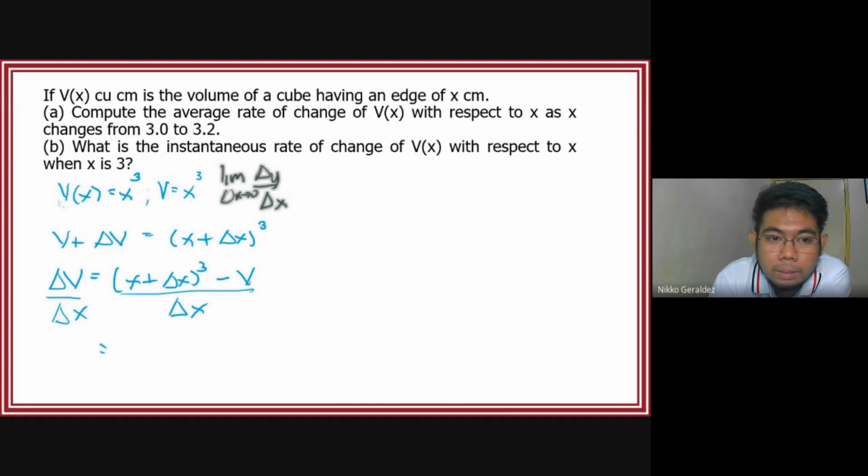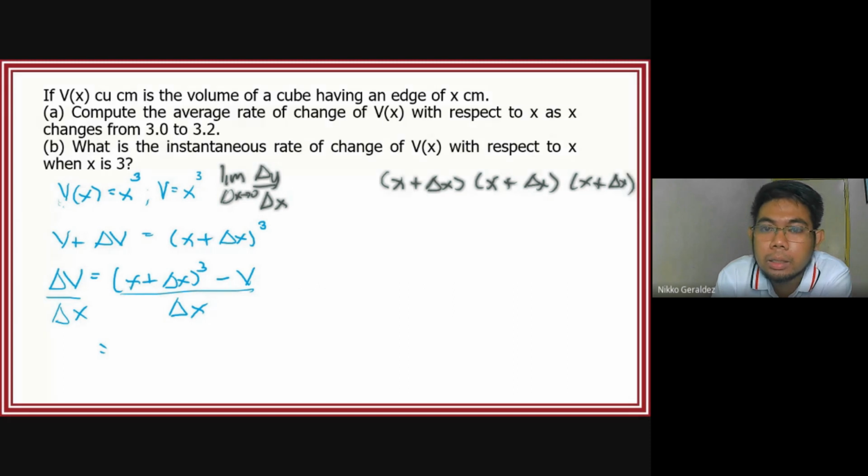So what is x plus delta x cubed? X plus delta x cubed, di ba? That is equivalent to x plus delta x times x plus delta x times x plus delta x.